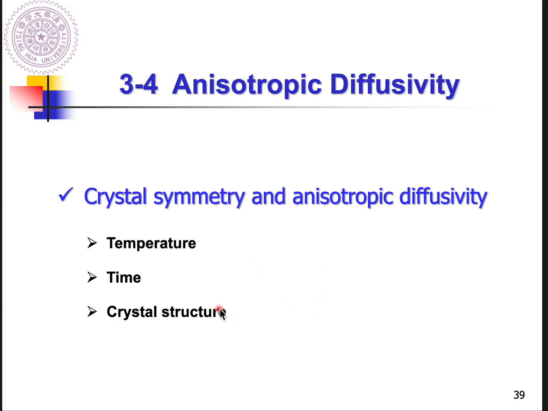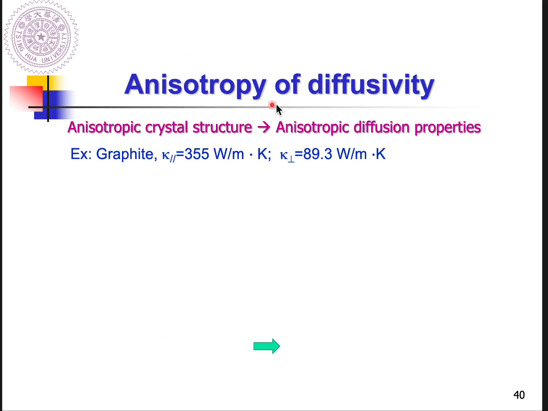If your material has an anisotropic or asymmetric crystal structure, the moving speed or velocity definitely changes, right? And not only different crystal structures: if your material is polycrystalline, containing grains and grain boundaries, it definitely affects the diffusivity of this material, right? For anisotropic diffusivity, for example, take graphite.